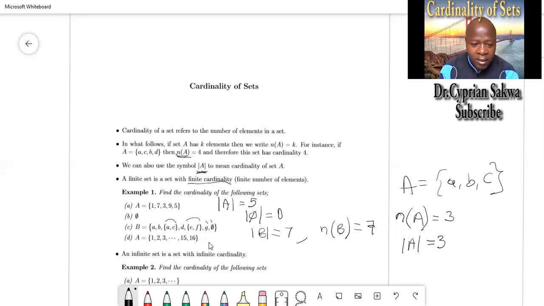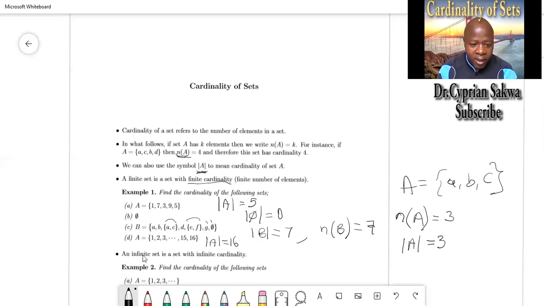So this set has 16 elements. So the cardinality of this set A is 16. The dots mean continuation of that pattern, and the pattern continues. So it was 1, 2, 3, and therefore the pattern continues 4, 5, up to 15, and then 16. So the cardinality of this set is therefore 16.